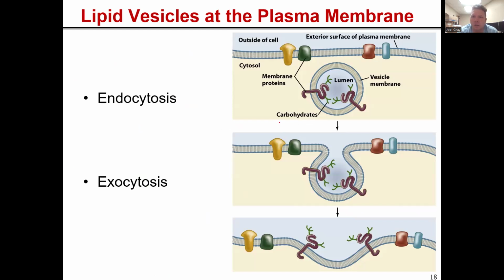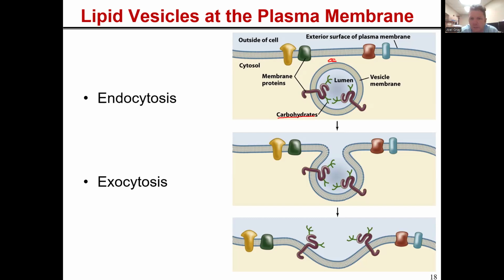So these sugars, indicated here by the term carbohydrates, are going to be packaged inside the vesicle. That vesicle will go and basically run up against the membrane here, and it's going to merge with the membrane. And when it merges with the membrane, basically it's going to be extended outward.